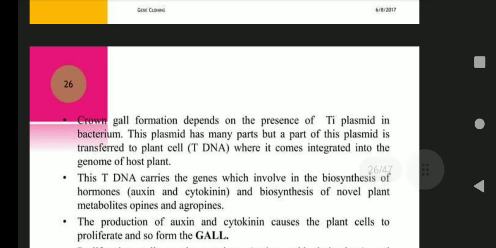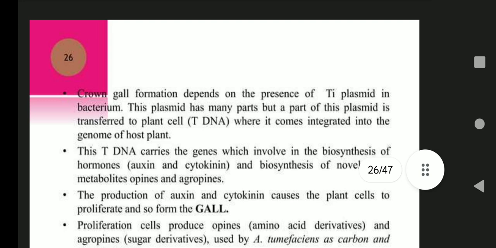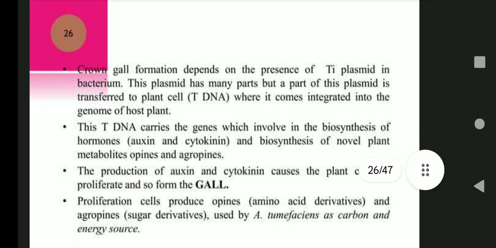This crown gall formation depends upon the presence of the Ti plasmid in this bacterium. A part of this Ti plasmid is transferred to the plant cell and gets attached with the genome of the plant. This T-DNA is now responsible for the production of two hormones in the plant, auxin and cytokinin.